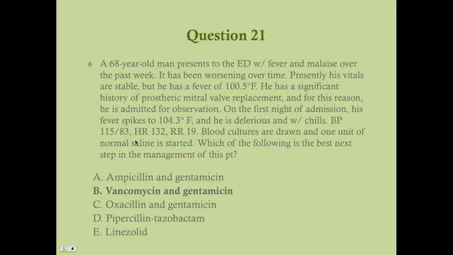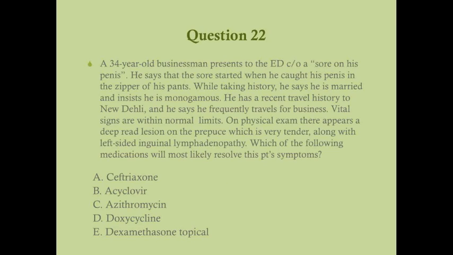You want to get that normal saline ready and going because this patient's status may worsen before the antibiotics take effect. So you want to treat that possibility prophylactically before he third spaces, which we know is going to be a possibility.